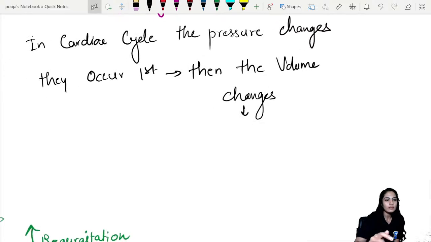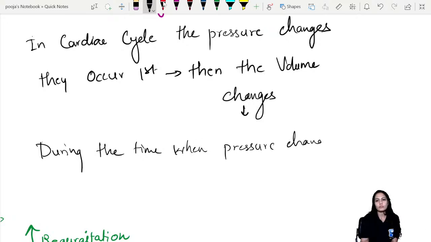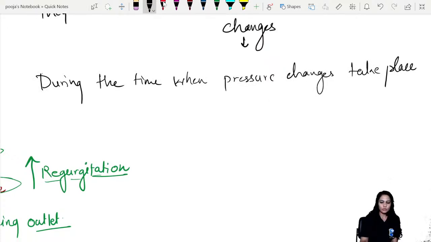So that means during the time when pressure changes take place, what happens at that time to the volume?